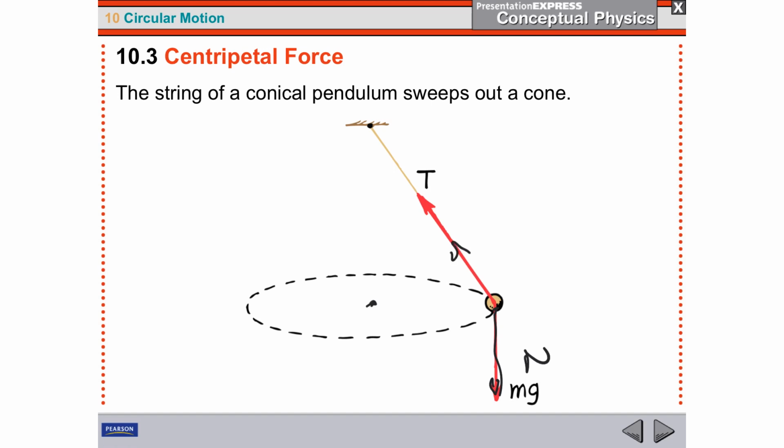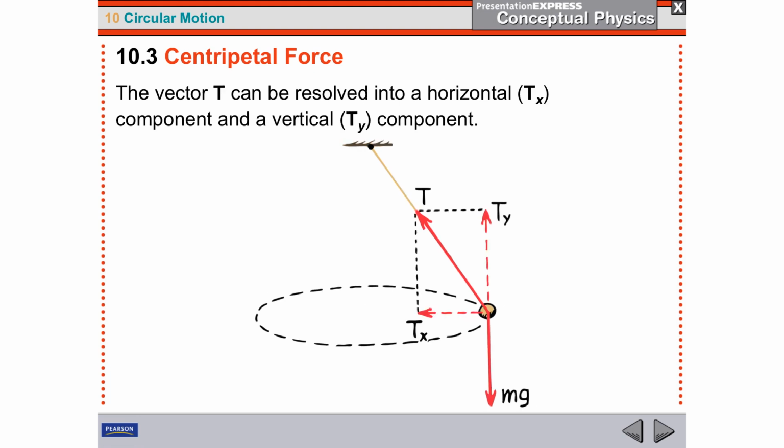So this is just another form of centripetal force, where it's three-dimensional rather than two. If you were to break this down, you're going to see that the component of this tension in the string can be broken apart into a straight up and down force and a straight inside and outside force. This T sub y is going to be the same as the weight. It will counterbalance the weight.